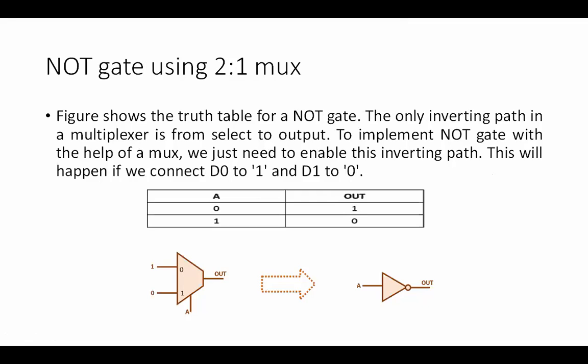So the last one we'll be looking into is the NOT gate. NOT gate is going to be very simple. 0, 1, 1, 0. So A is going to be my select line. When A is 0, what do I want? I want 1. So 1 I will put here. When A is equal to 1, I want a 0. So 0 I will put here. Okay.